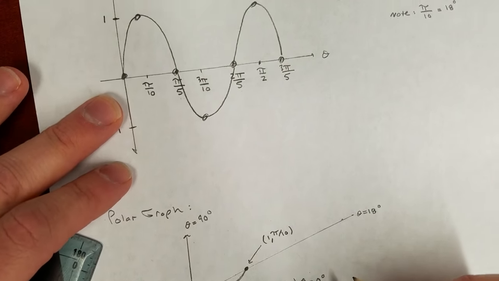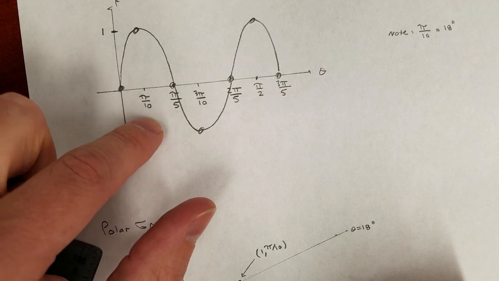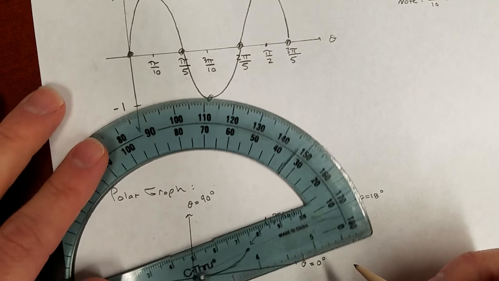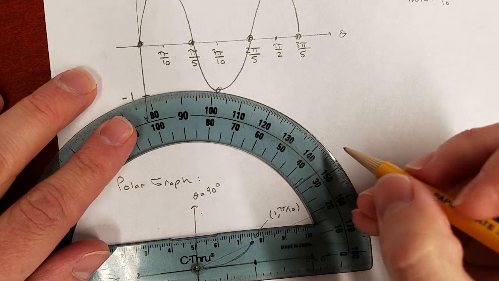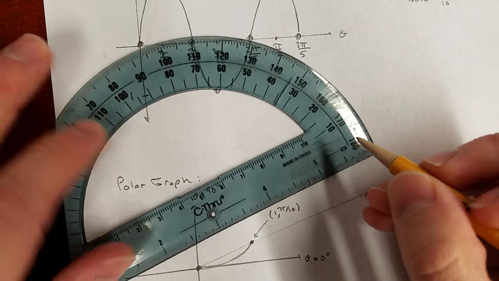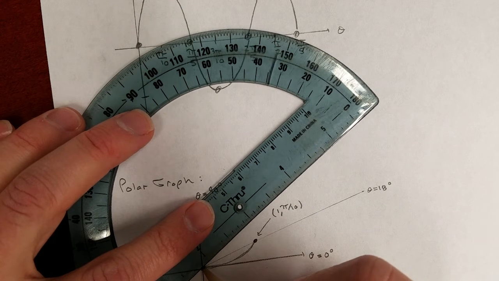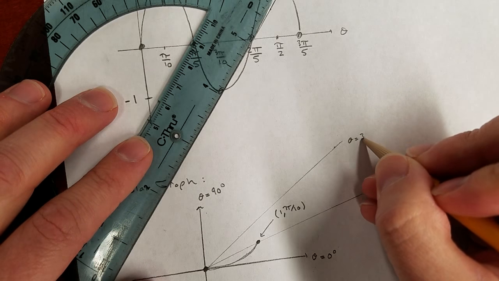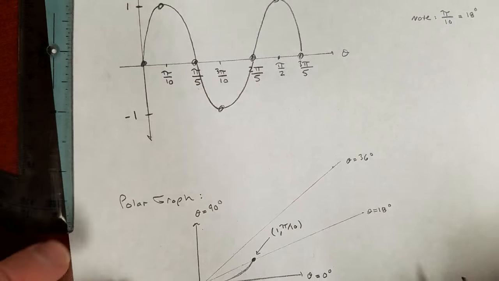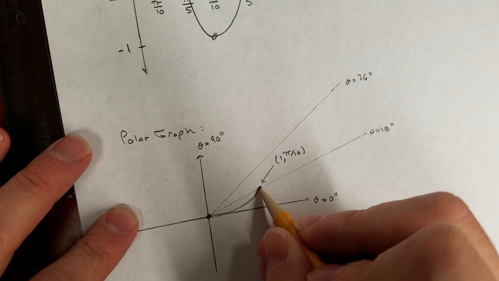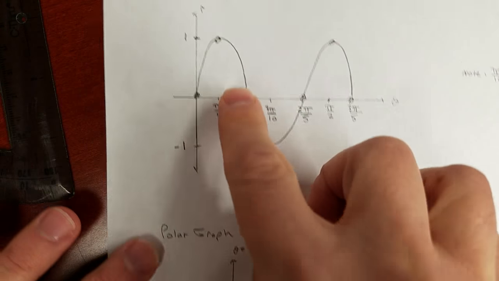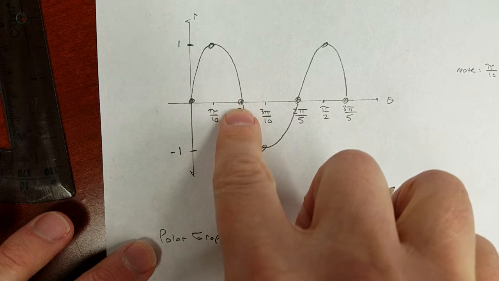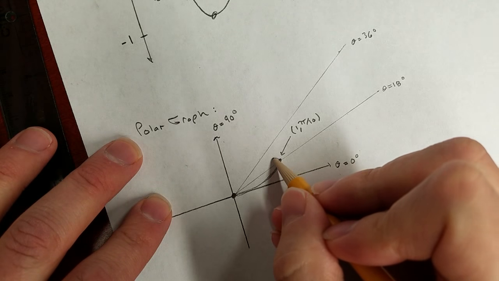But then as I go from 18 to 36 degrees, let's put 36 degrees on there. Here it is, this faint line right there. That's theta is equal to 36 degrees, or pi over 5. As theta goes from here to there, r diminishes back from 1 to 0.